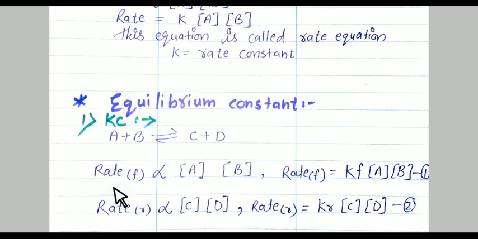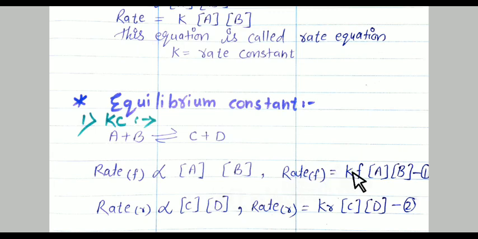According to the rate law, the rate of reaction is directly proportional to the concentration of reactants. So for the forward reaction, the reactants are A and B. That's why we use rate F directly proportional to concentration of A, concentration of B. But for the reverse reaction, the reactants are C and D. That's why rate is directly proportional to concentration of C and D. Whenever you remove the proportion sign, we use the constant value.